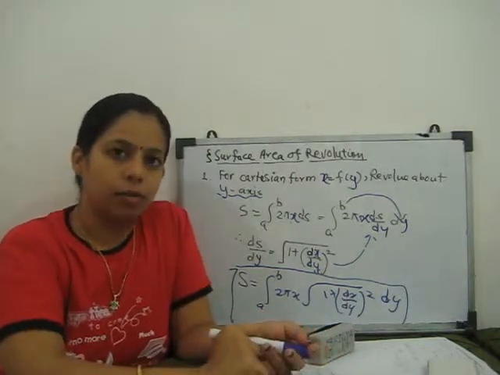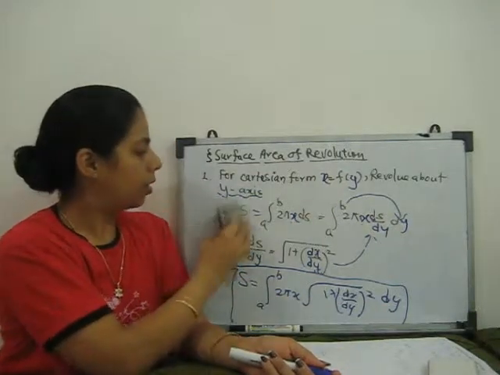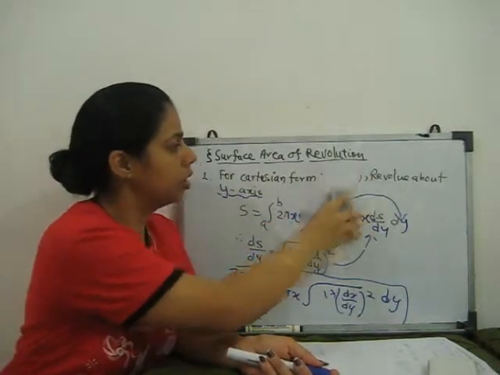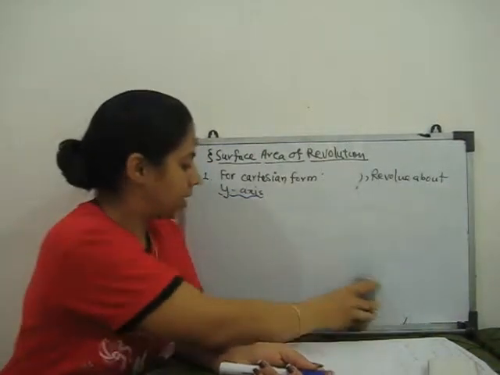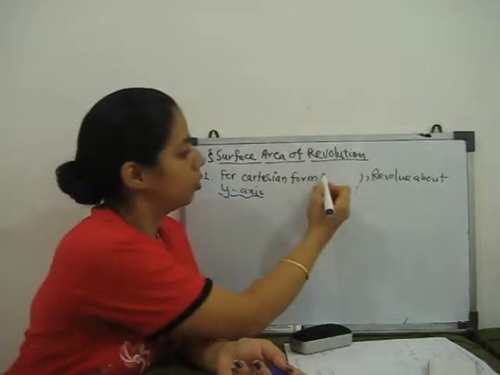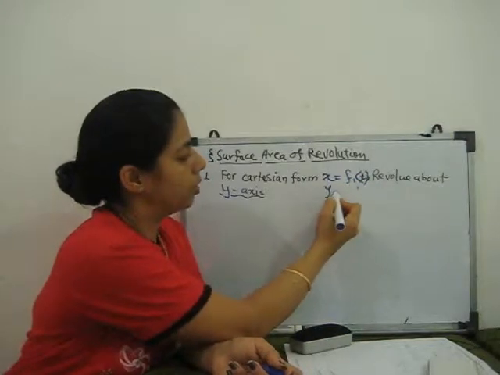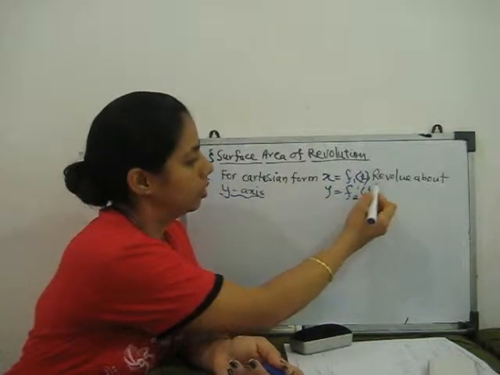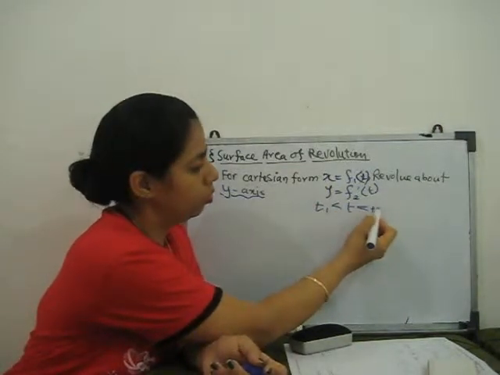Next I give you the formula for a parametric curve. Second, if our curve is parametric, meaning x and y are both given as functions of a new variable, so x is equal to f1(t), y is equal to f2(t), with t going from t1 to t2.